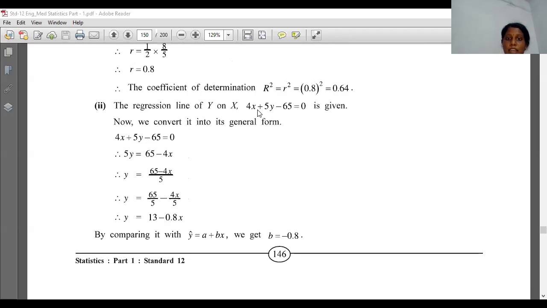When 65 goes to this side, then it will be plus 65. When 4x goes from left to right, then it is minus 4x, that is 65 minus 4x. So like this we have found it.